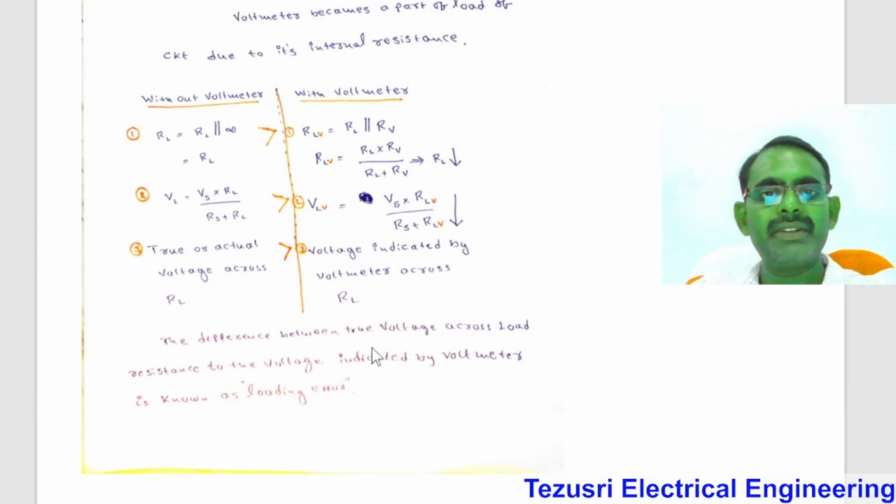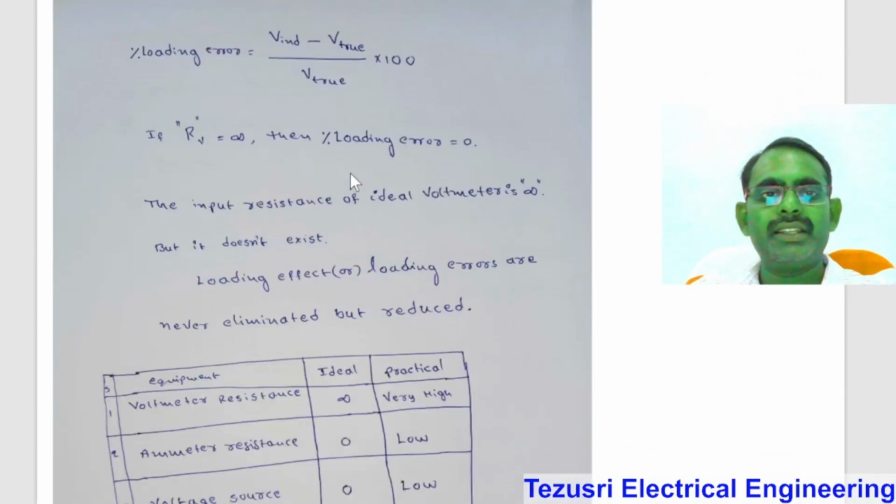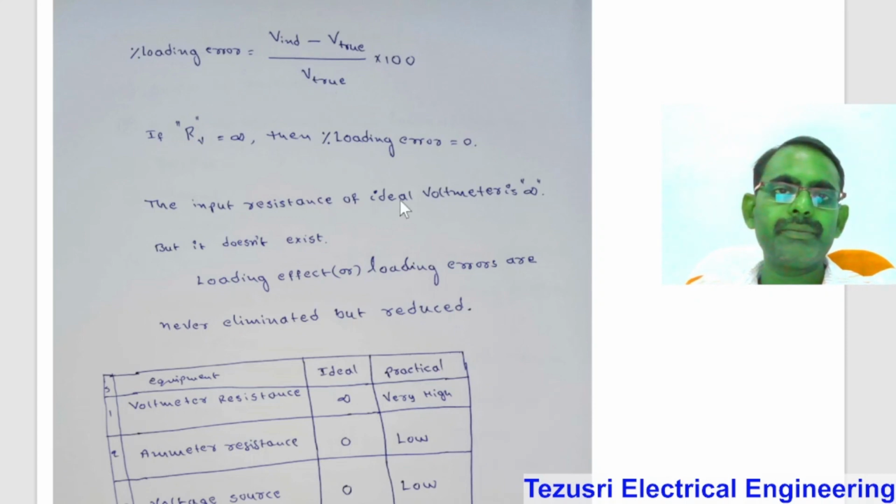Therefore, the difference between the true voltage across the load resistance and the voltage indicated by the voltmeter is known as loading effect. This loading effect is represented in percentage. The percentage of loading error is equal to the indicated value of the voltage across the load resistance minus the true value, divided by the true value, times 100.